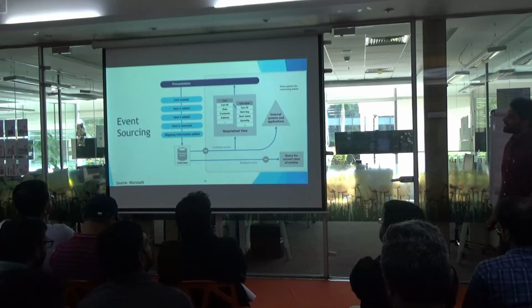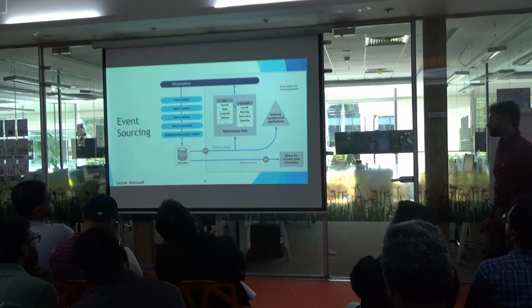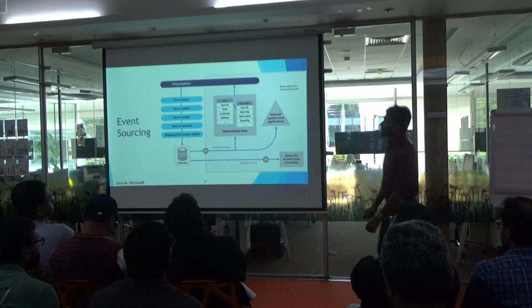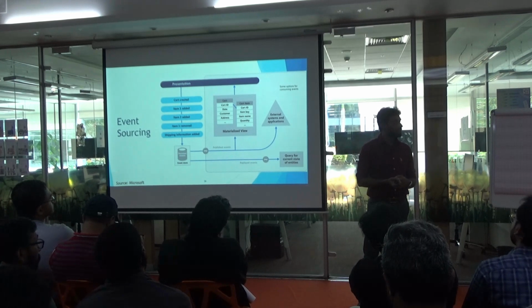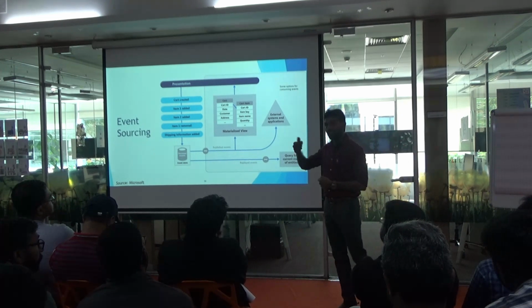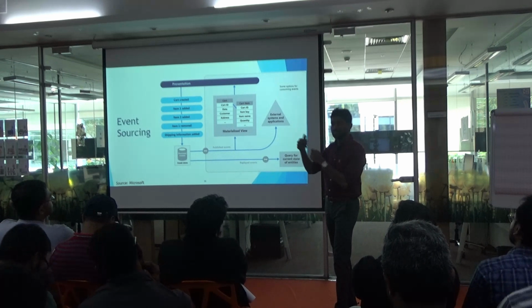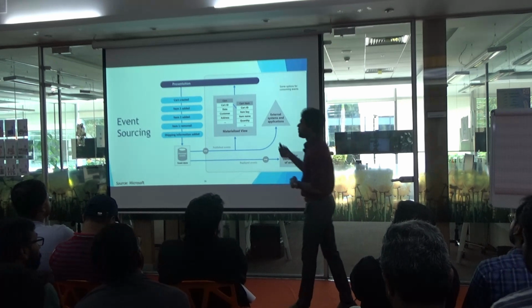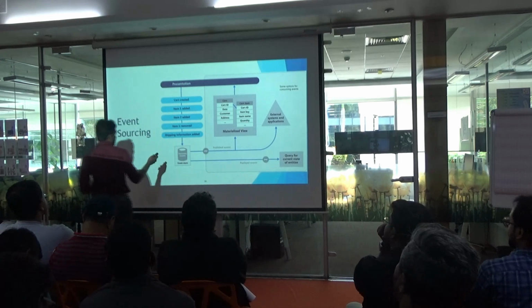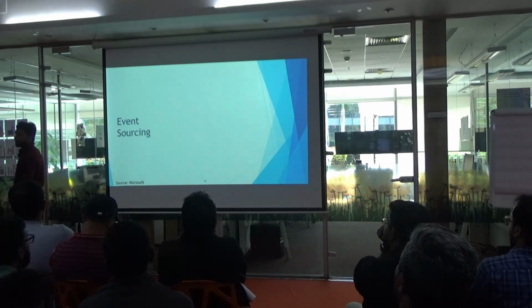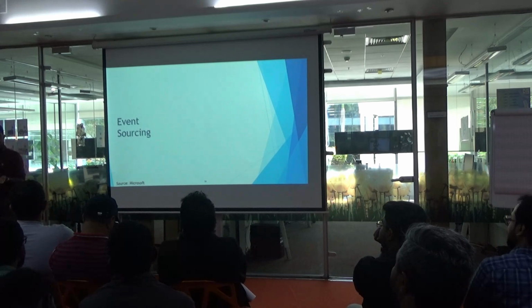So event sourcing is another problem. If you go to a shopping cart, you are adding each and every item that you want to buy, right? Traditionally, how do we do it?